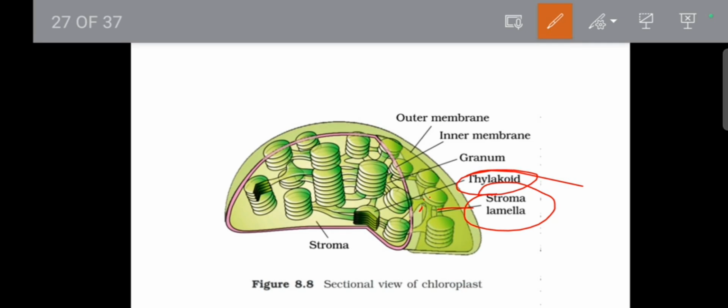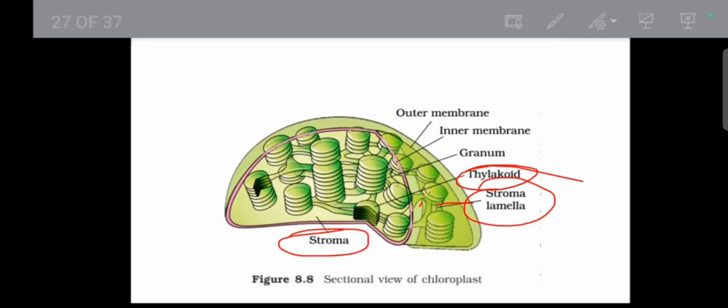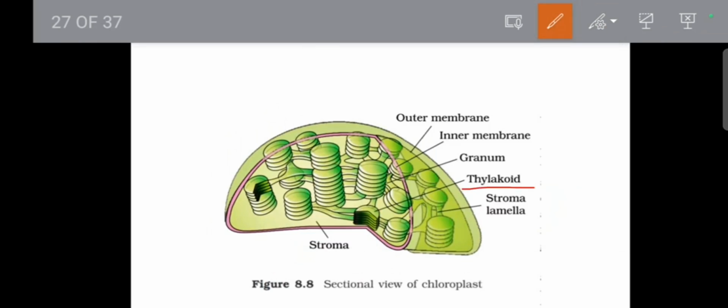And which one is the stroma? The space in the chloroplast is called the stroma. Okay, so we have to remember the structure names. The first is the thylakoid, a single flattened unit, and together they make a granum, and the whole structure is called the grana.